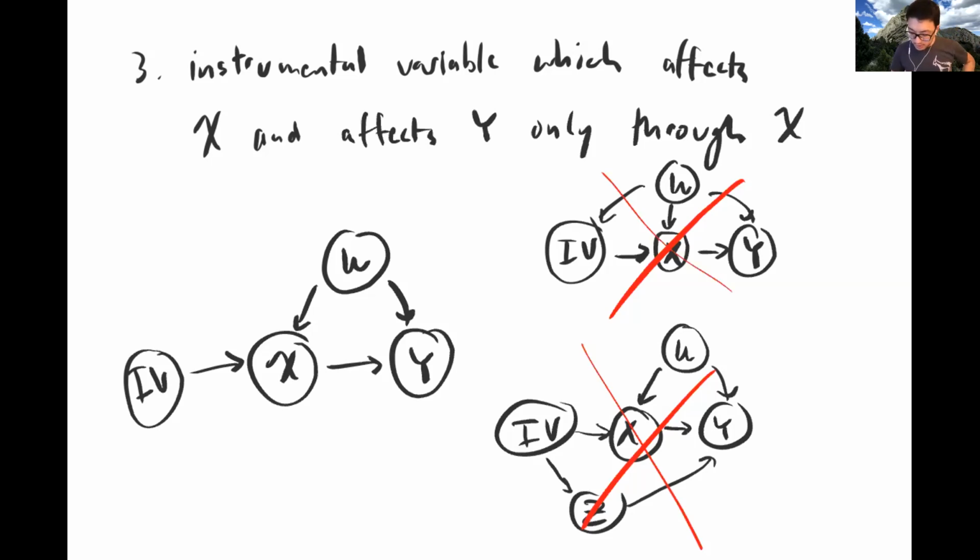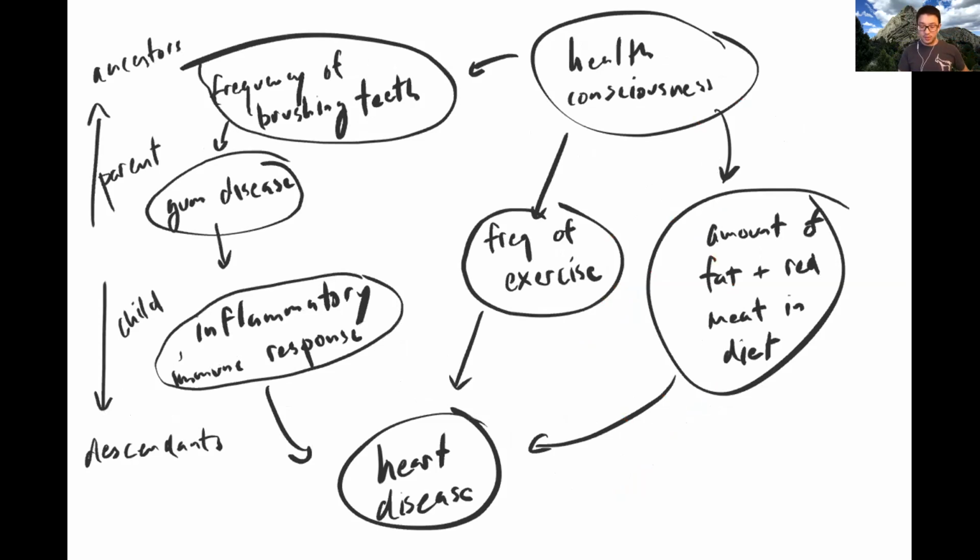Okay, and so if I think back to this example, we're really mainly concerned with frequency of brushing teeth as it relates to heart disease. And so what might an instrumental variable be?